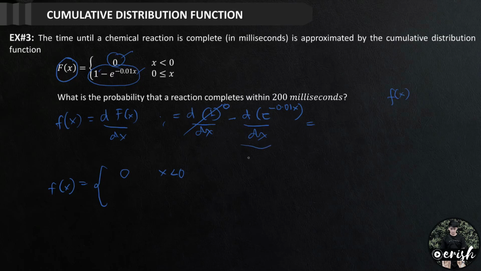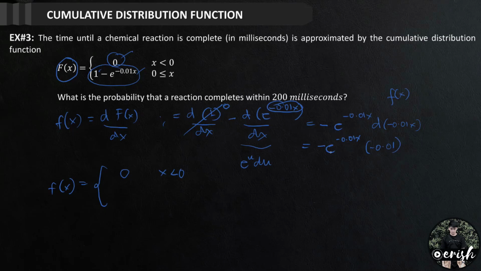For this part, this is e^u du, and this is negative e raised to negative 0.01x. Derivative of u natin, ang u natin is ito, derivative of negative 0.01x. We have negative e raised to negative 0.01x. Derivative of negative 0.01x is negative 0.01 na lang.